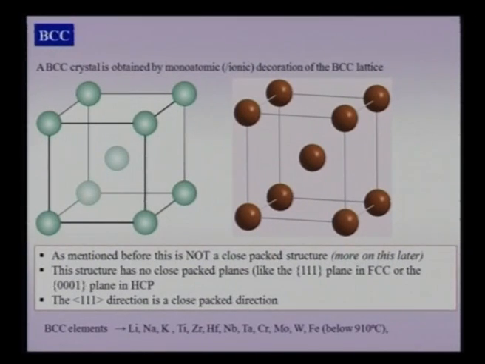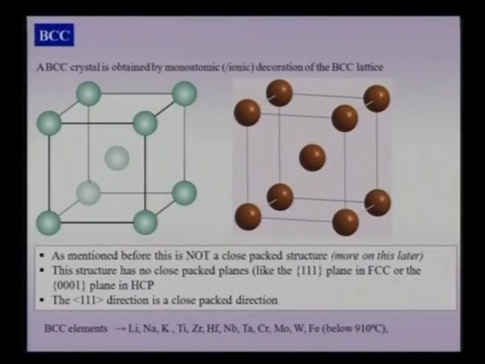And more importantly, it has no close packed planes. In the case of the FCC and HCP, we started off with close packed planes, and, assuming of course an ideal C/A ratio in the case of hexagonal, these planes remain close packed planes when you continue to make the crystal out of those close packed planes. But in the case of the BCC crystal, the construction is not done the way we have done the FCC or the CCP and the HCP crystals, and therefore this crystal structure has no close packed planes.